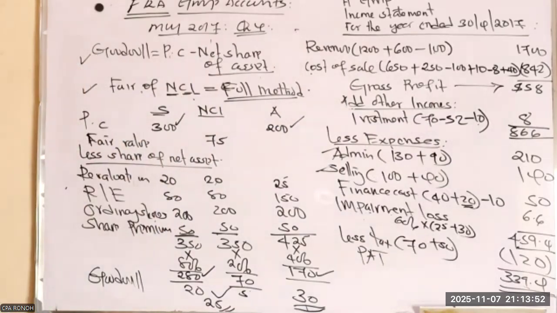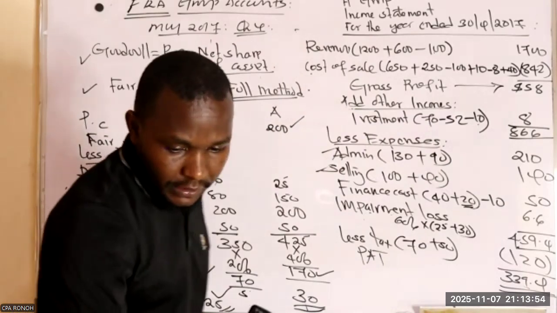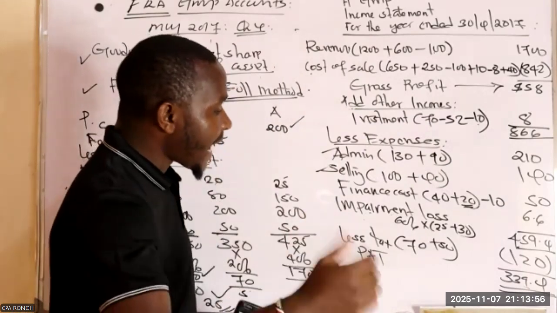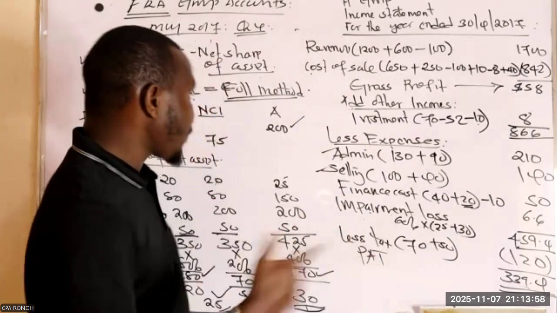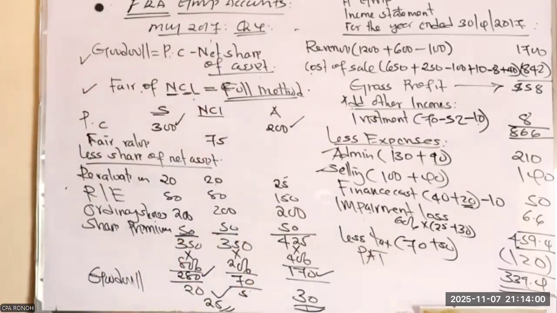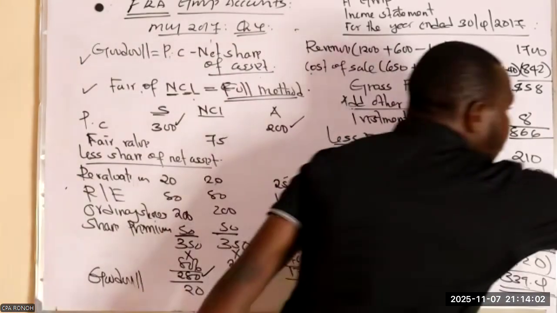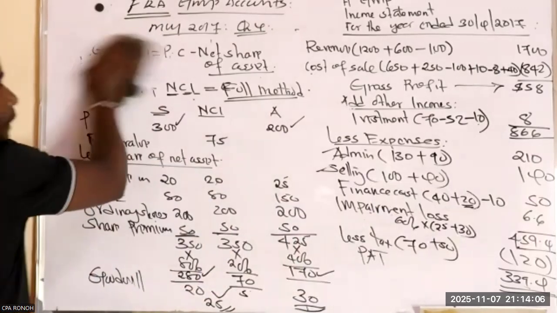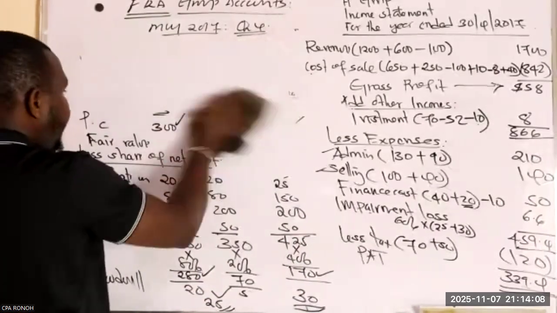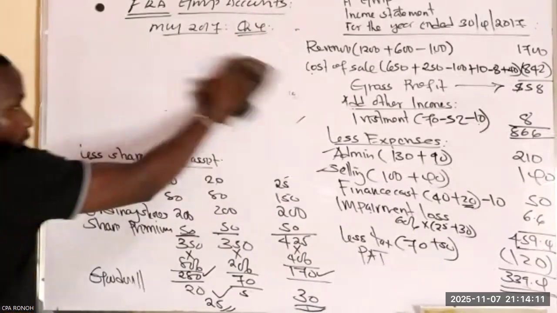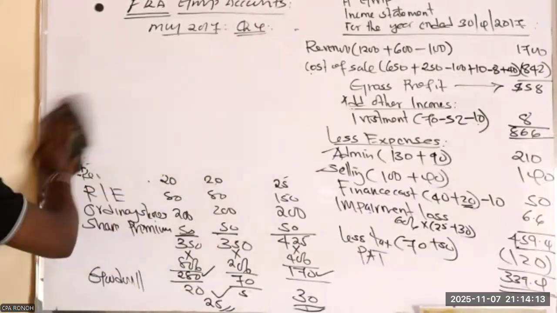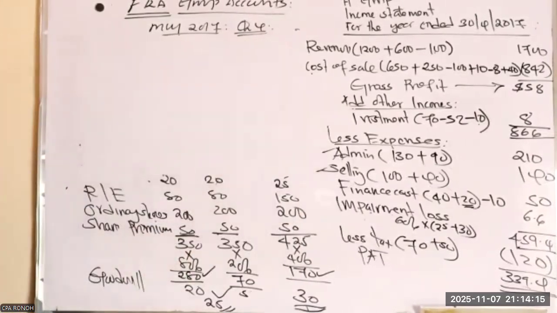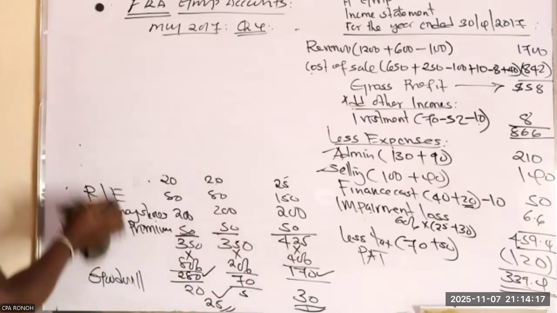Let's get now the post profit in associate. Was that what we need to add there?